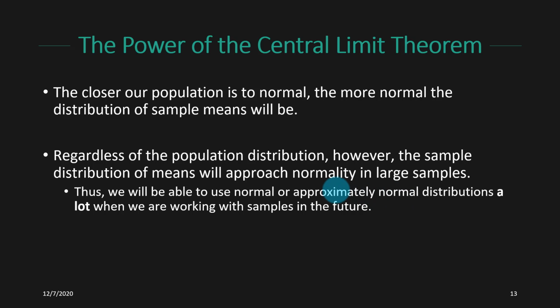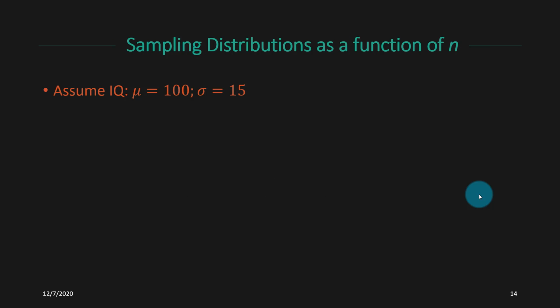So we're going to use normal and approximately normal distributions a lot when we're working with samples in the future, because again, the beauty of the central limit theorem is it doesn't matter what the original population was, right? If we have big enough samples, it's going to approach a normal distribution of sample means. Or if our samples are smaller, we just have to take into account how much they deviate from the normal distribution. And so we'll go into some detail about how to calculate approximately normal distributions relative to the size of the sample that we're calculating.